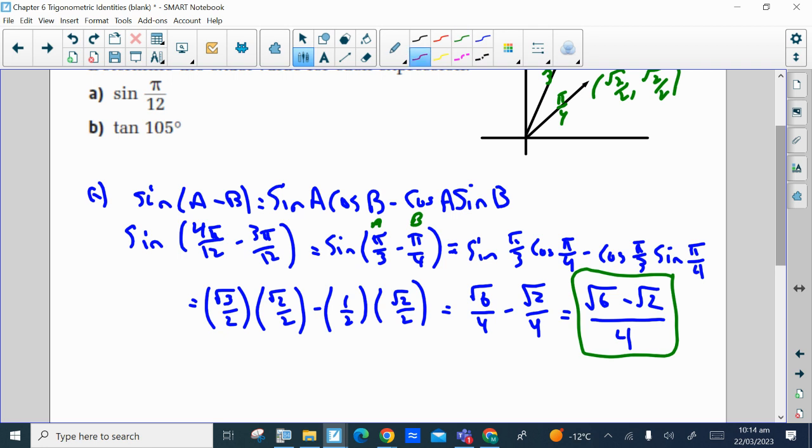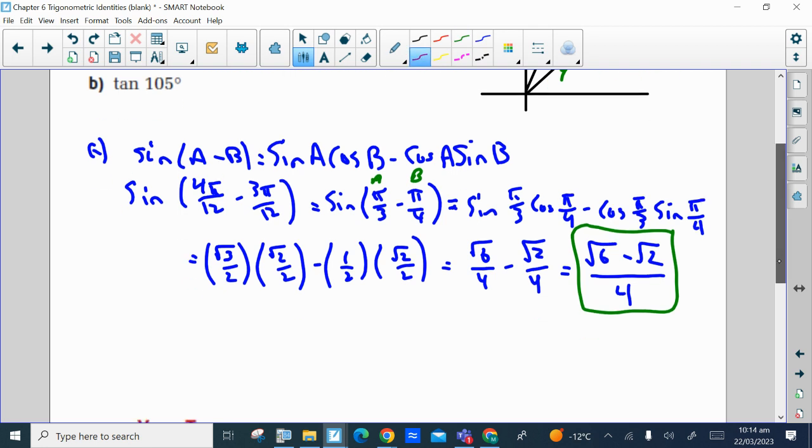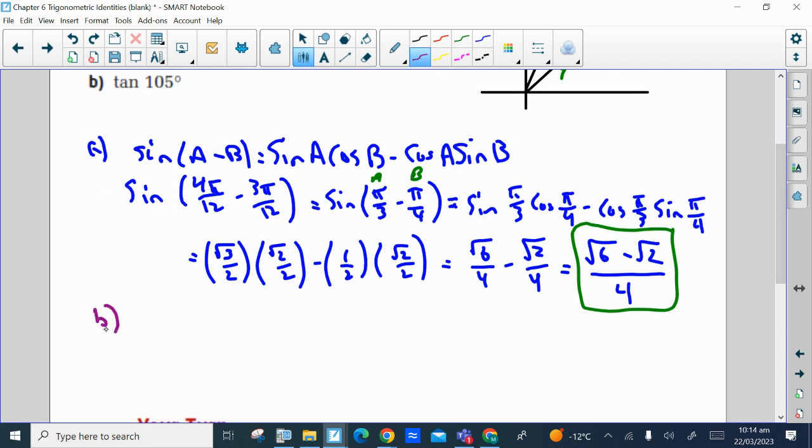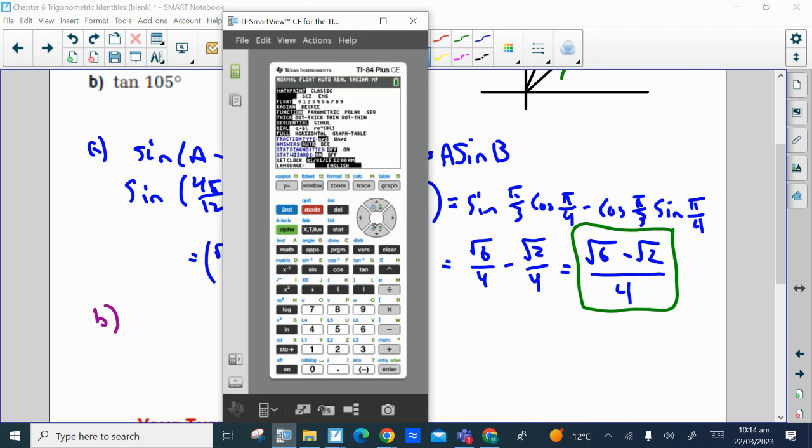All right, so there's another use of our sum and difference identities. Question B, we want to find the exact value of the tangent of 105 degrees. 105 is not on the unit circle. Sure, we can use our calculator in degree mode to find out what the tan of 105 is, but it'll be an approximation because it'll be a decimal that we have to round.